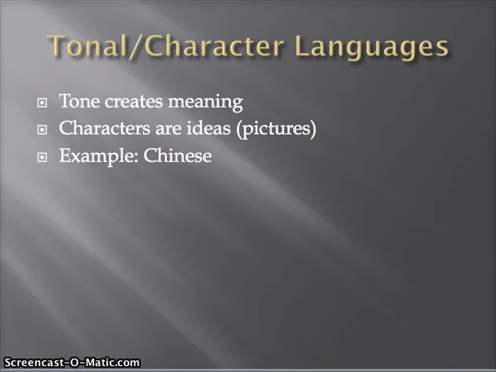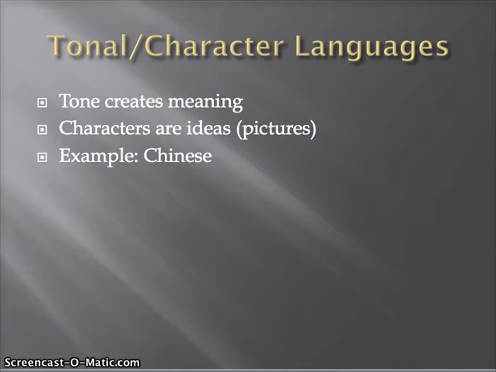Now, I didn't actually spell out I love you, but you know that symbol of the heart means love. So that is a crude analogy, but it's an analogy of what a character-based language is, and characters build off of characters. So if I wanted to use that analogy, I could put several hearts together to mean I love you a lot.